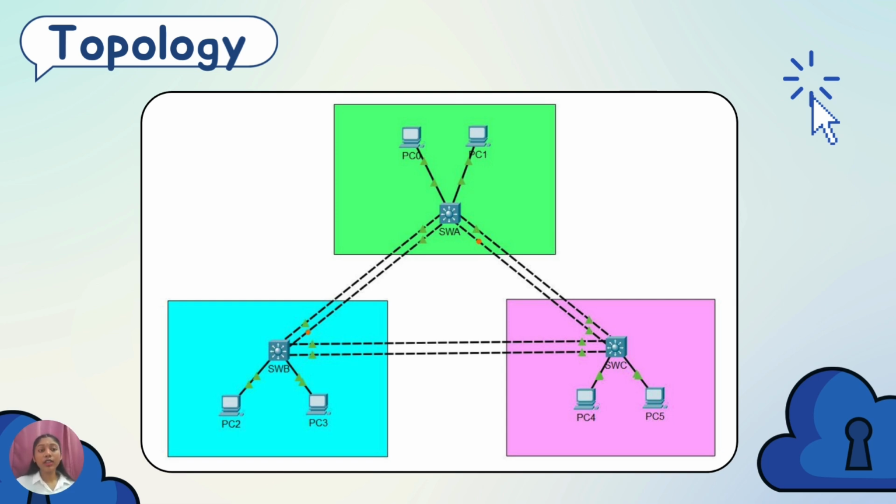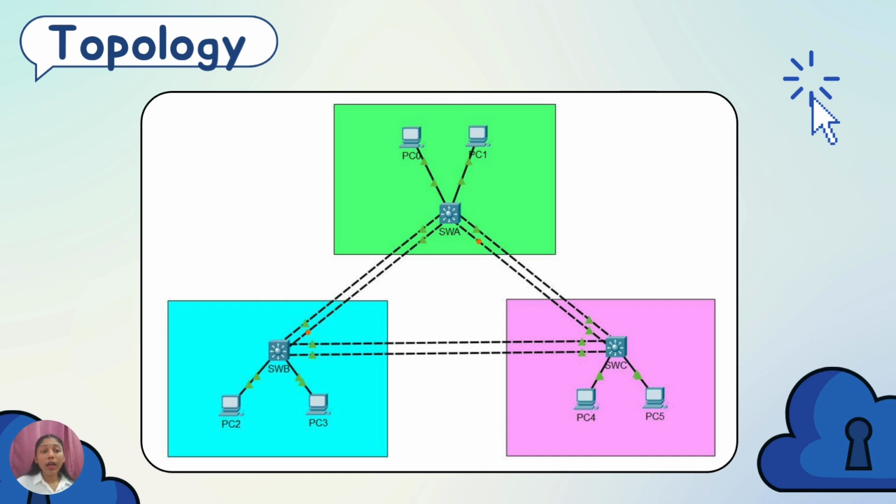VLAN segmentation enhances both security and efficiency by isolating network traffic. Devices within a VLAN can communicate with each other seamlessly, while inter-VLAN communication is selectively enabled, ensuring that only necessary data flows across VLAN boundaries.